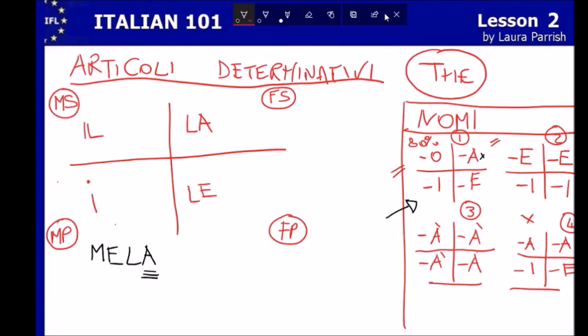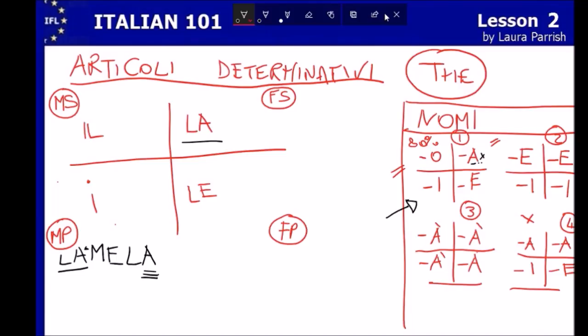Because you have to identify the gender and number of the noun in order to match it with the right gender and number of the article. So you know it's feminine singular, it is in this corner. So here, feminine singular, the article is la. It is the right article. La mela. Sorry, I put it too close.